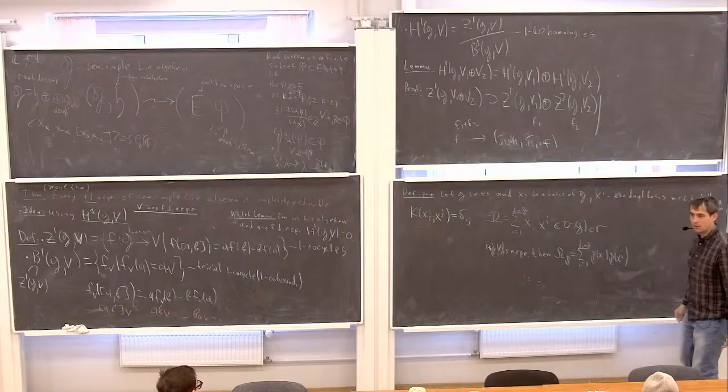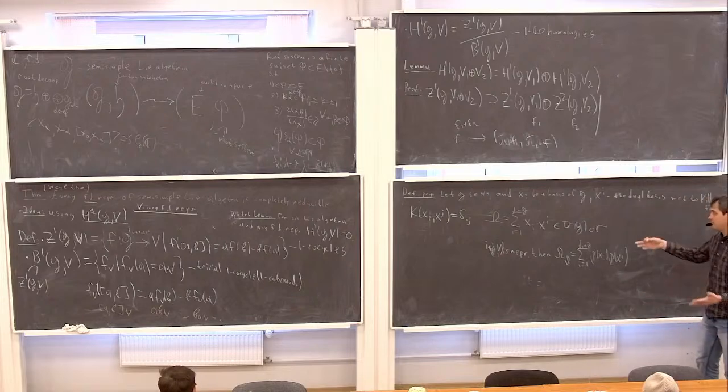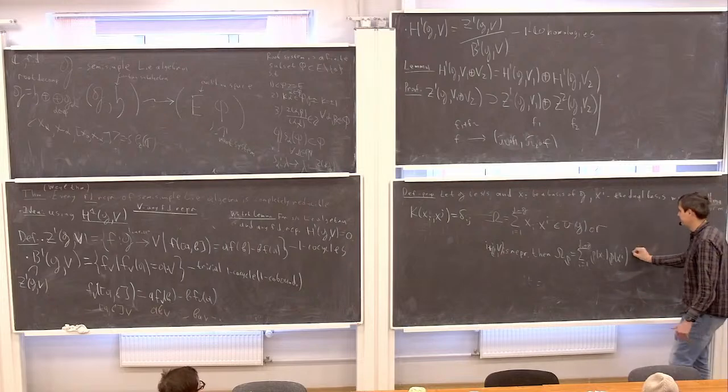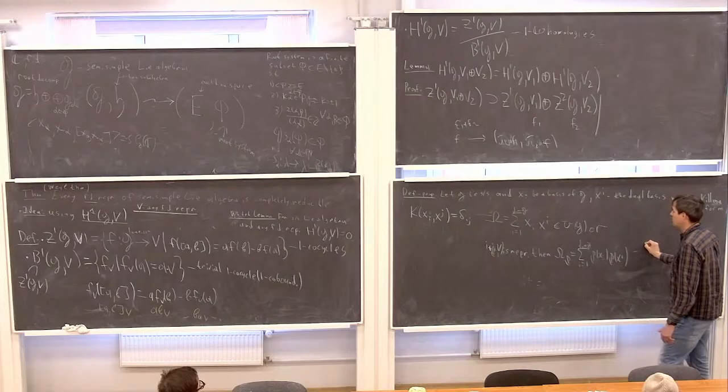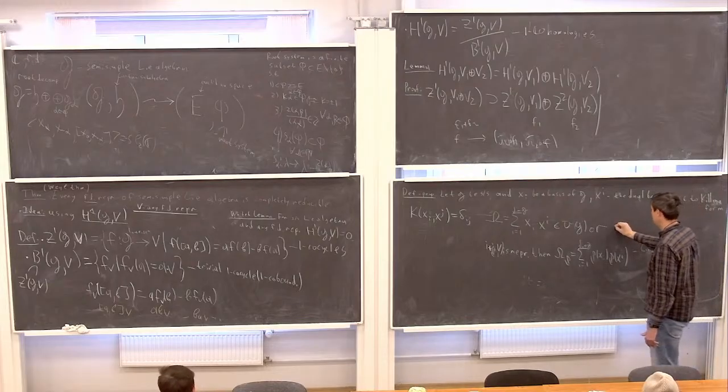Okay, and this is well defined. This composition. So then it will be the Casimir element in this representation. And this is just the Casimir element.